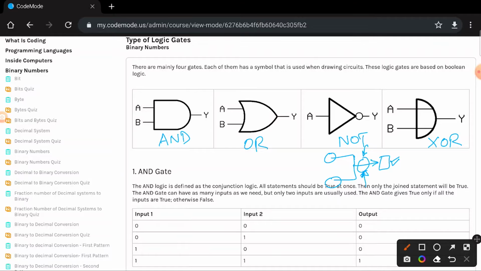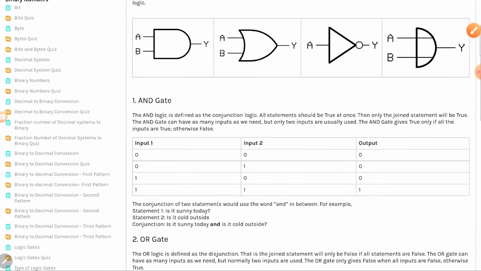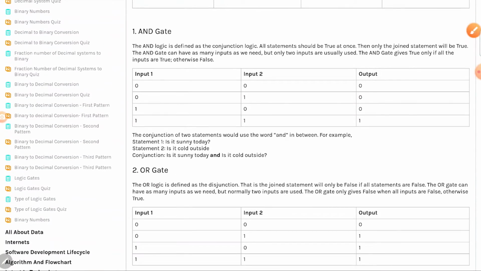Let's talk about the first logic gate, the AND gate. The AND gate is defined as a conjunction logic. The core idea behind it is that all the inputs must be true for the final result to be true. You can observe this in the truth table here.